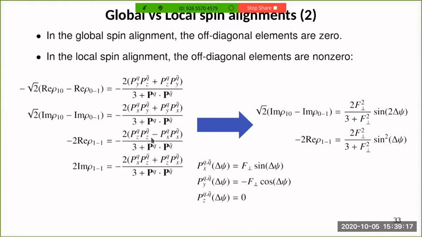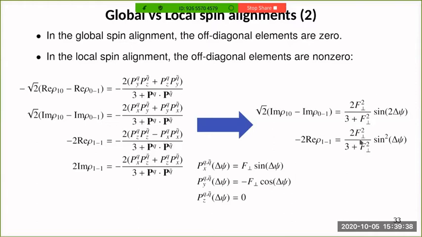So this is a relation between the off-diagonal elements and the quark polarization. And considering the quark polarization is given by these equations, we found that this element and this element are non-zero, given by these equations.